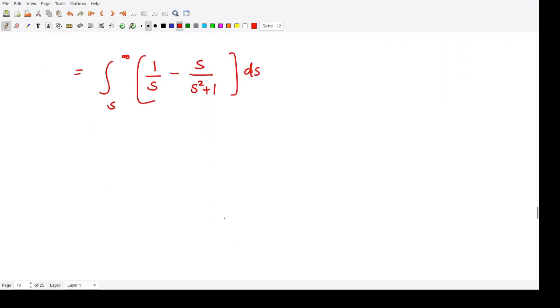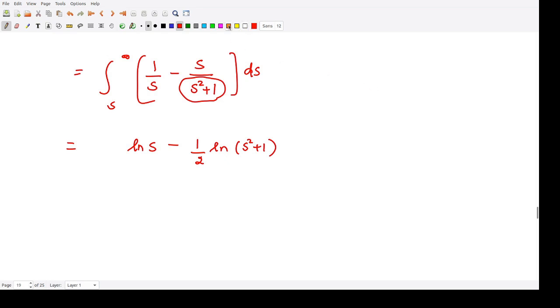When you calculate the integration for this quantity, it would be log of s minus 1 by 2 log of s square plus 1. This quantity is obtained when you substitute s square plus 1 as some other variable, say m, and then its derivative would be 2s ds.